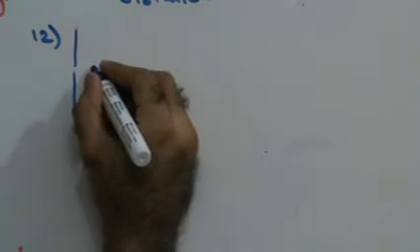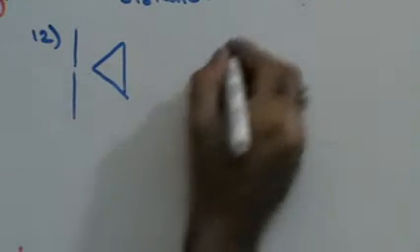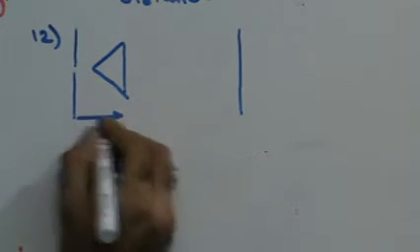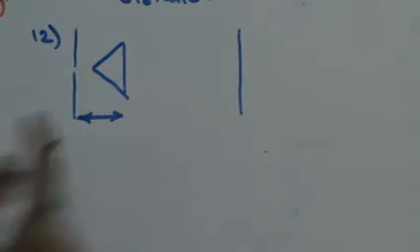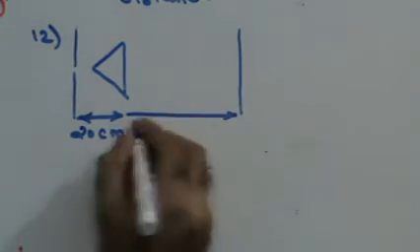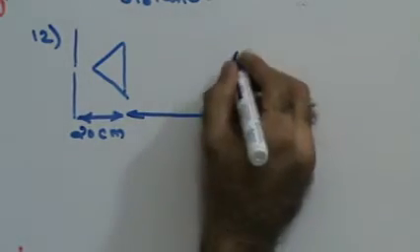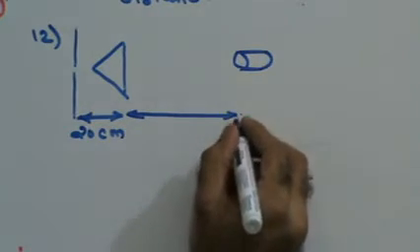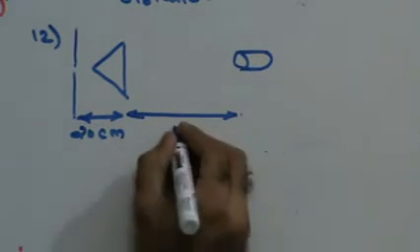In biprism experiment, the distance between the slit and the biprism is 20 centimeters, and that between the biprism and the eyepiece is 80 centimeters.